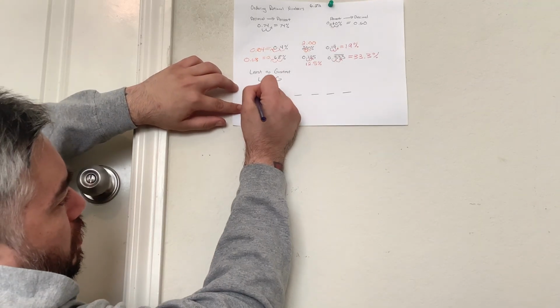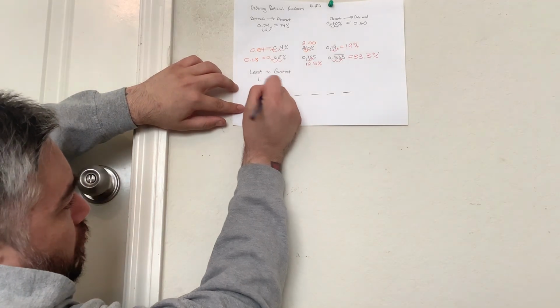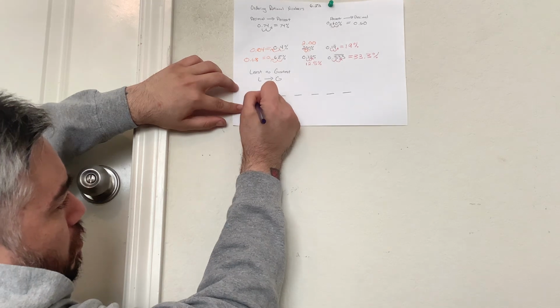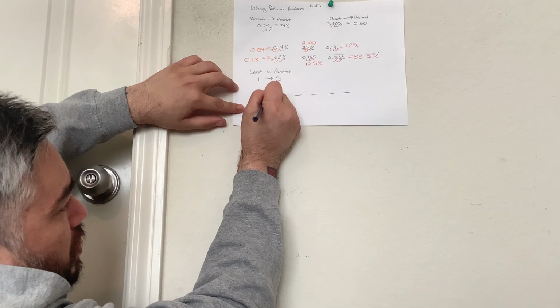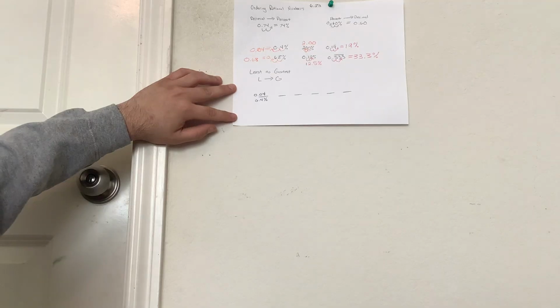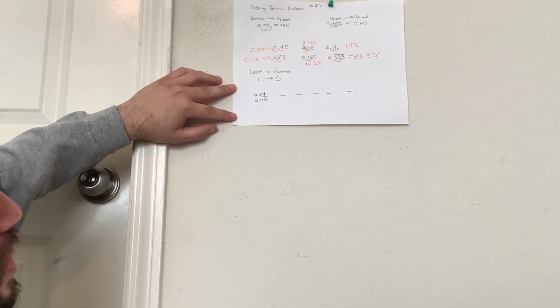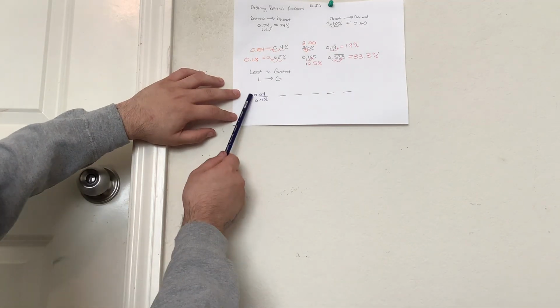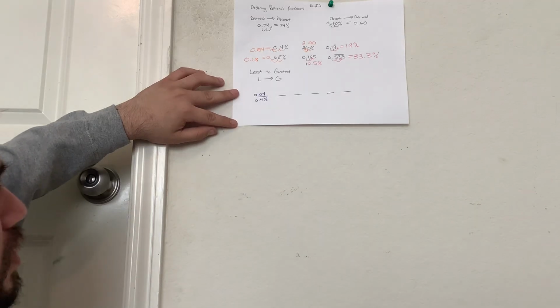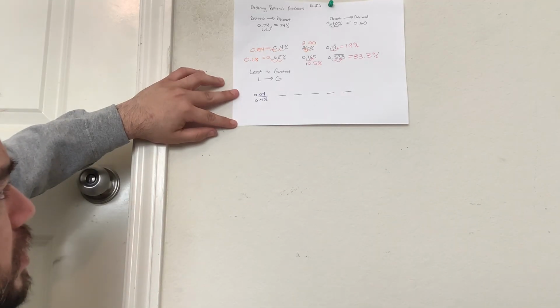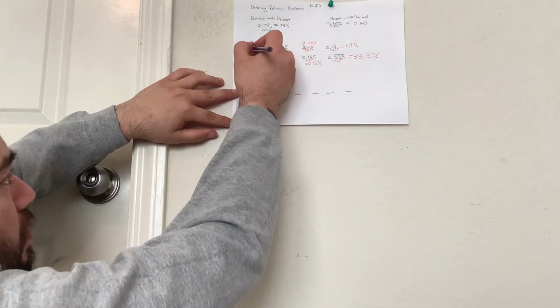So I'm going to say that 0.04, or 0.4%, is going to represent our smallest amount of money in the decimal area. Also, smallest amount of money as far as percentages. Okay, I'm good with that.